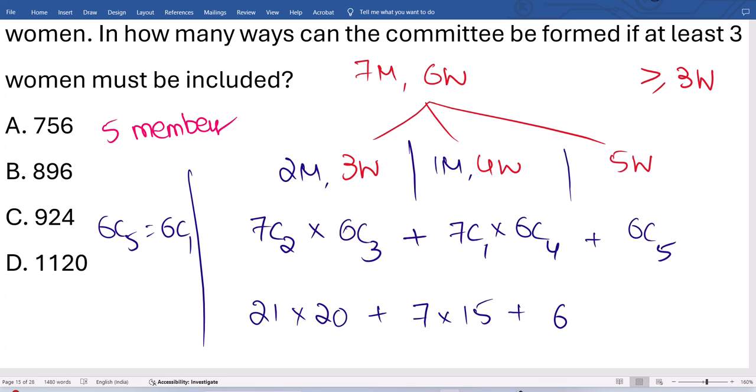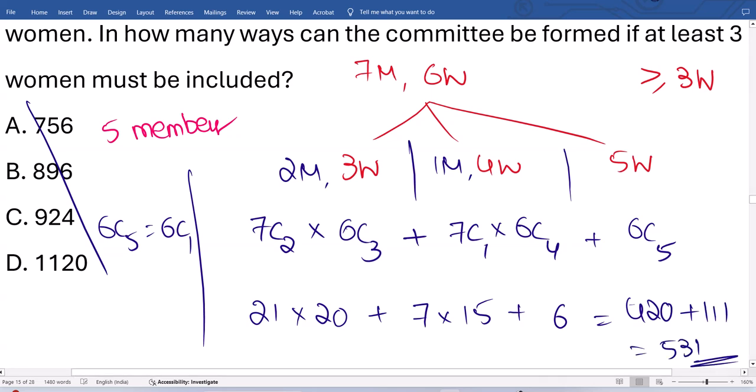But people may know that without understanding the meaning, so understand where you are applying it. So 420, 105 and 6 is 111. It's altogether 531, so 531 is the answer. But understand the process, how things are going on.